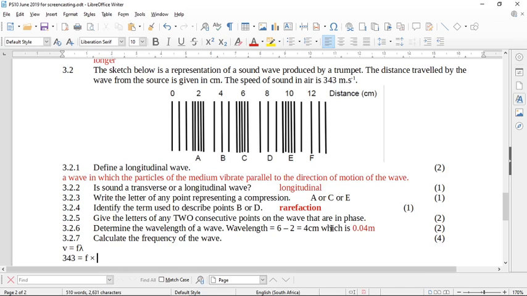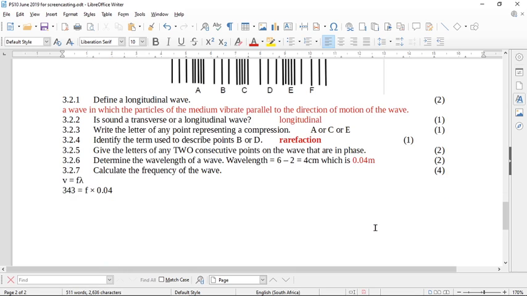And what is the lambda we just worked out? It was 4 centimeters. Now in this formula, because the speed is in meters per second, this must also be in meters, and we want our answer in hertz, which is the SI unit. So if you don't do it properly with the correct units, you will end up with the wrong answer. So you end up with 8575. Let's put here frequency equals 8575 hertz. No unit, no mark. There we go.